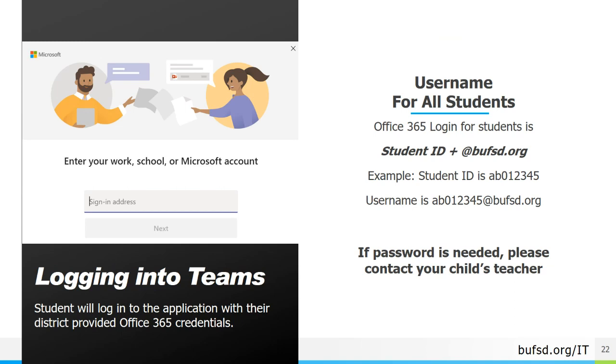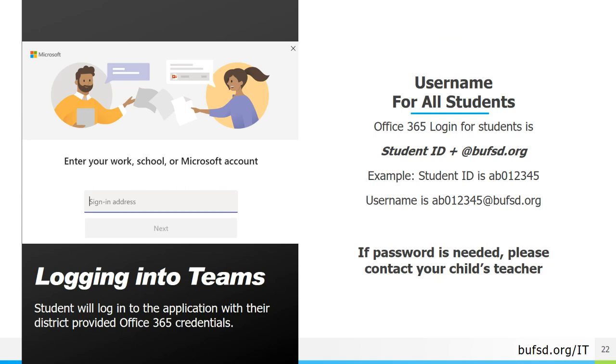If your child is in grade 7 or higher and doesn't remember their password, they can reach out to the teacher to get assistance and get that password information provided to them.